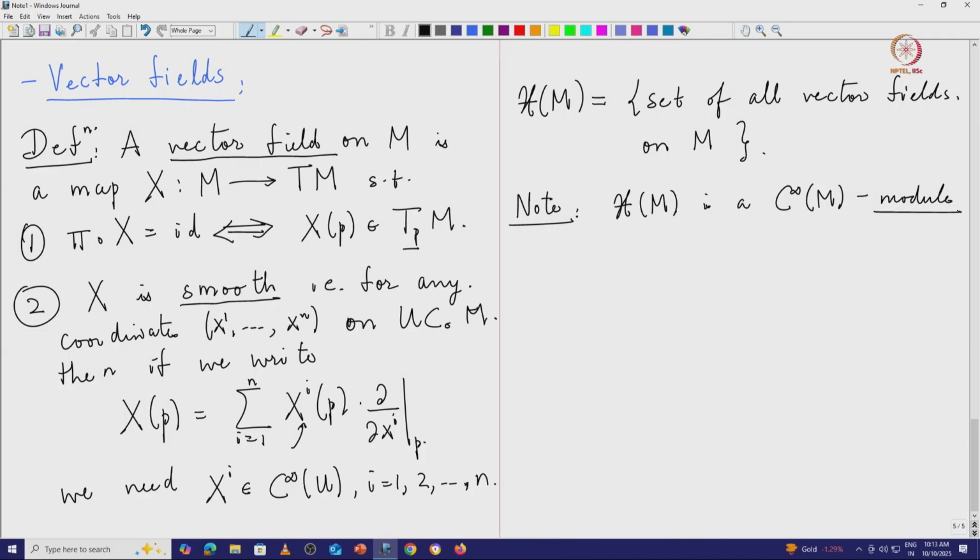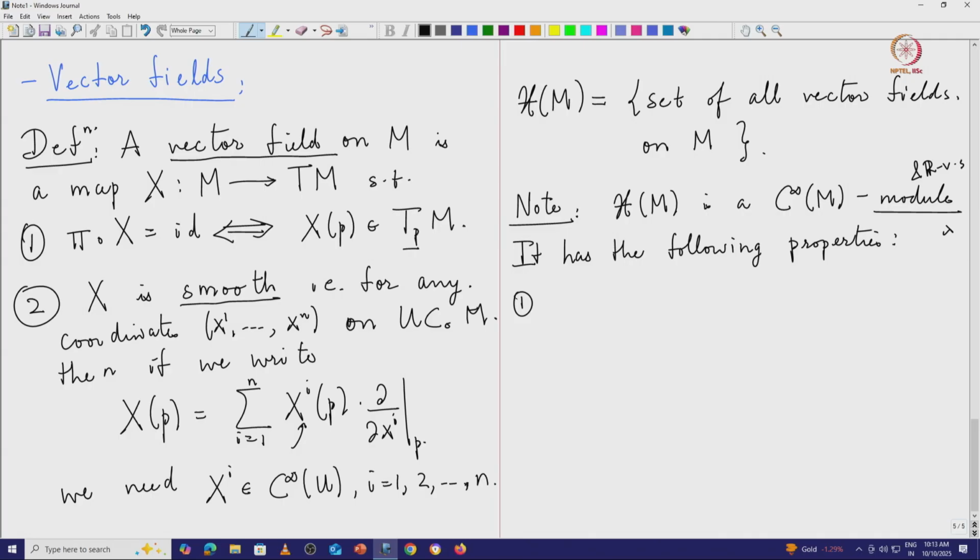So again, it's not important if you don't know the general meaning of being a module, but for us the important properties are the following. So sorry, C infinity of M module and R vector space.